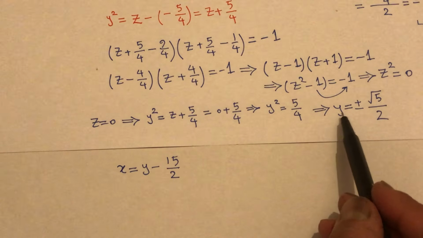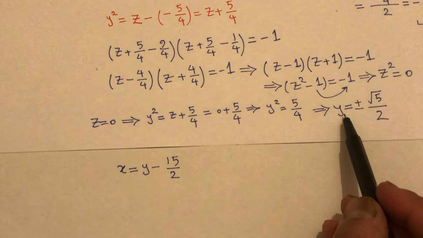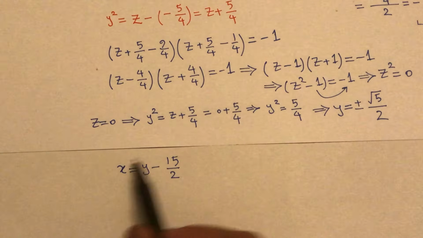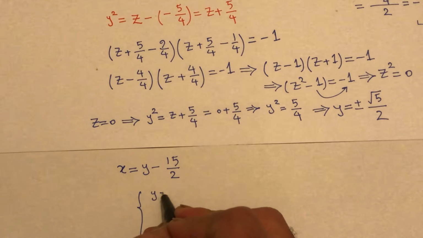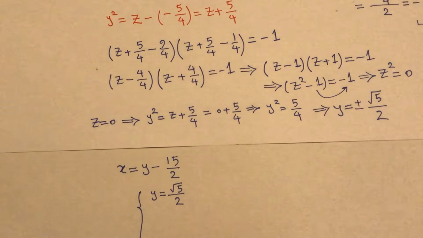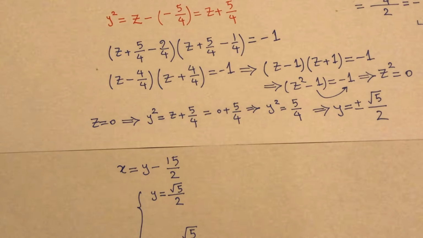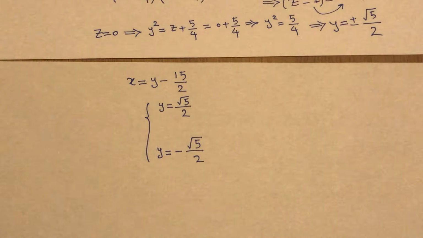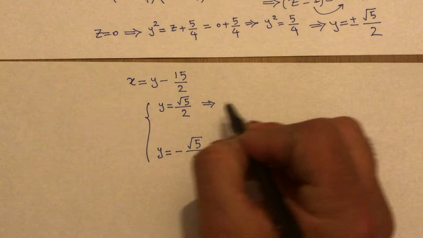Now we have y, but for y we have two different values. I can find x for both of these values. If y is the square root of 5 over 2, or y is minus the square root of 5 over 2, I can find this parameter by this definition.